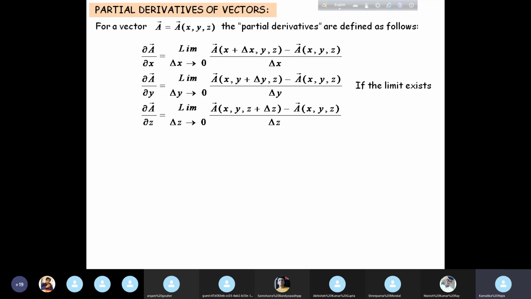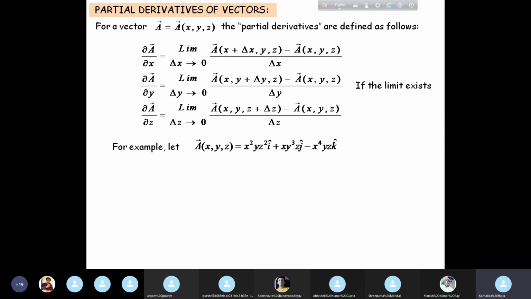We no longer call it d. When we write it as a curved small d, we say del A del x, so it means we are taking the partial derivative and not the ordinary derivative. We'll quickly understand what I'm talking about if we do an example.